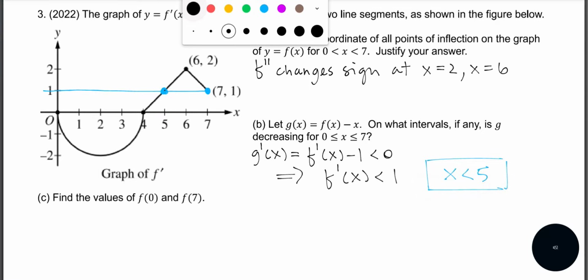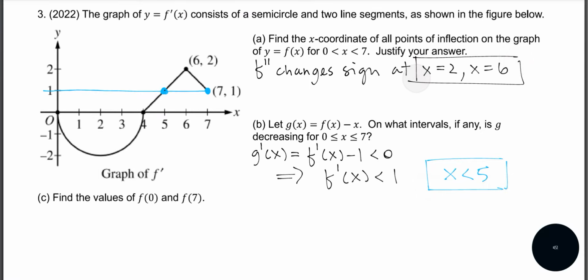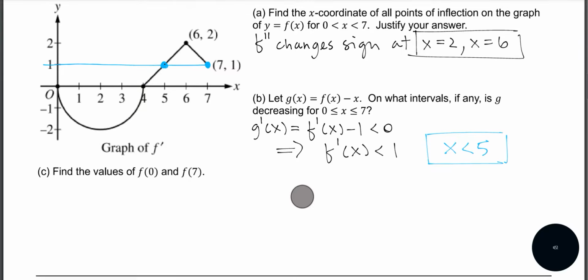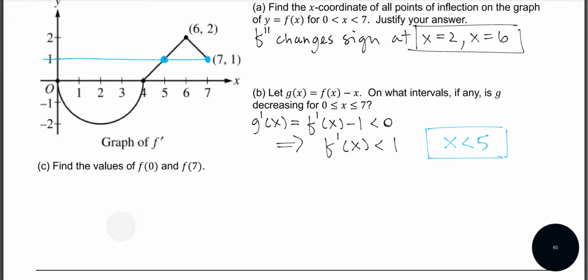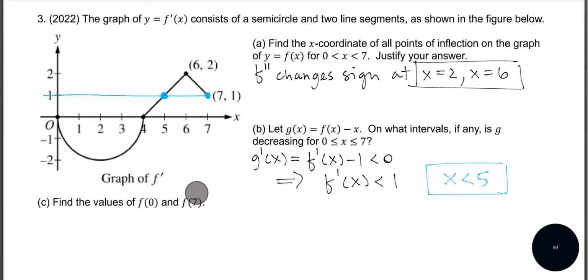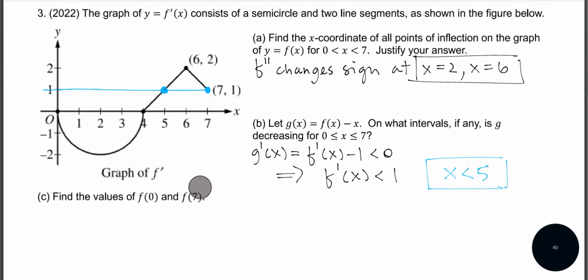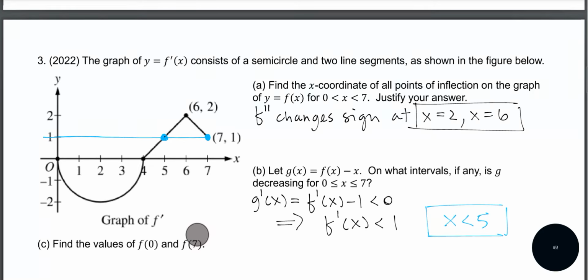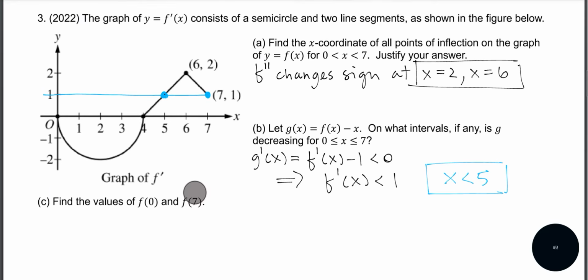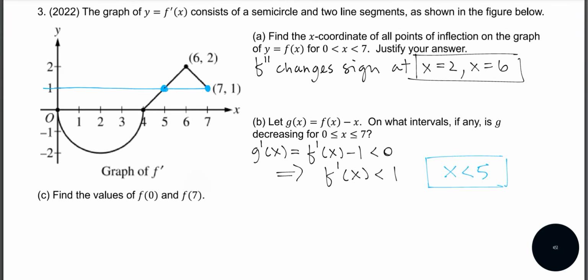Okay. And all right, find the values of f of 0 and f of 7. Okay, well, what do we know? That's going to be tough without an actual value of f. What am I missing here? Okay, I'm just going to make something up.